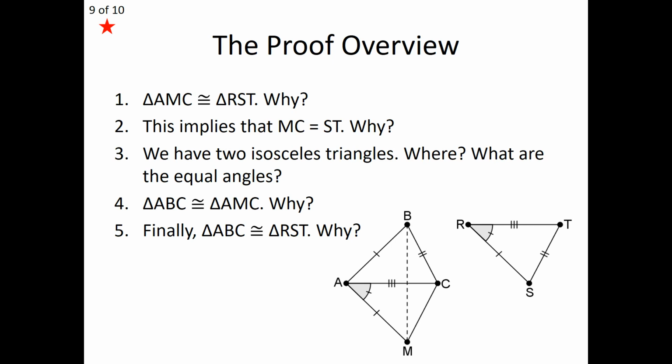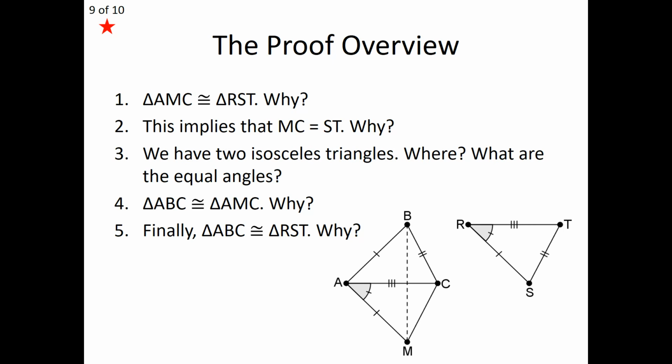I'm going to walk you through this proof overview, but on the worksheet, you're going to fill in the detailed version of this proof. You're going to notice that the detailed version simply follows the same overview that we're doing in this slide here. I have our diagram below, but there are 5 steps we're going to answer.